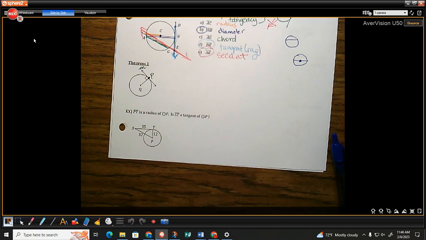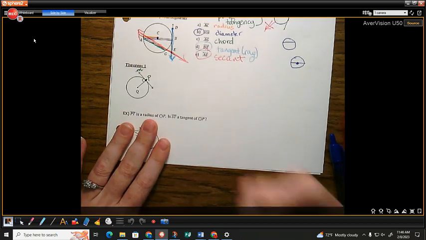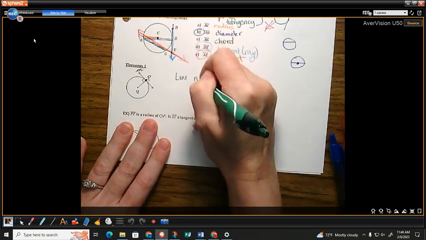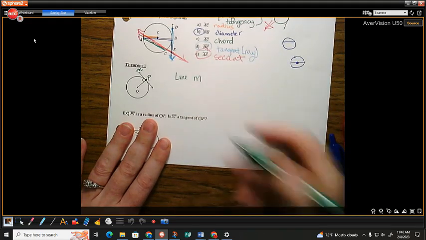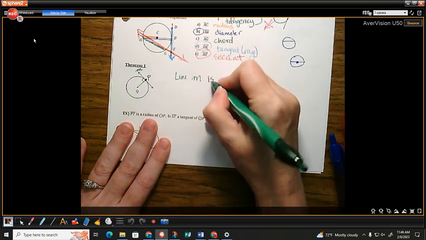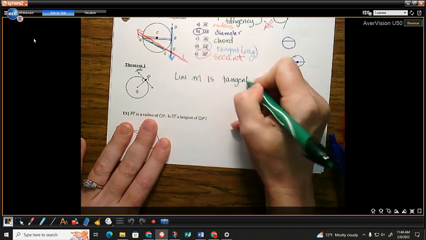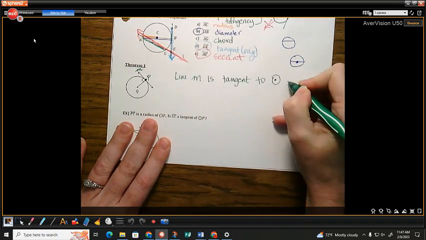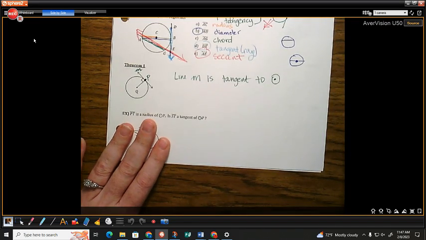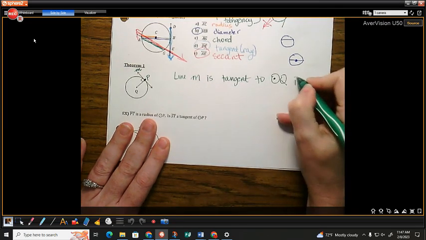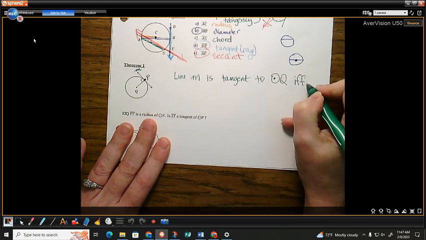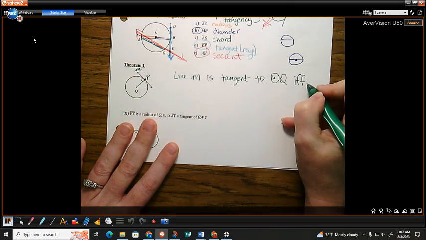Okay, and in this picture, I see something that looks like it might be tangent, and I see, what is QP? A radius. And what do you notice about that tangent and that radius? It appears to be perpendicular, making a right angle. So what this theorem says is that line M is tangent to circle Q if and only if... What's that tell you?